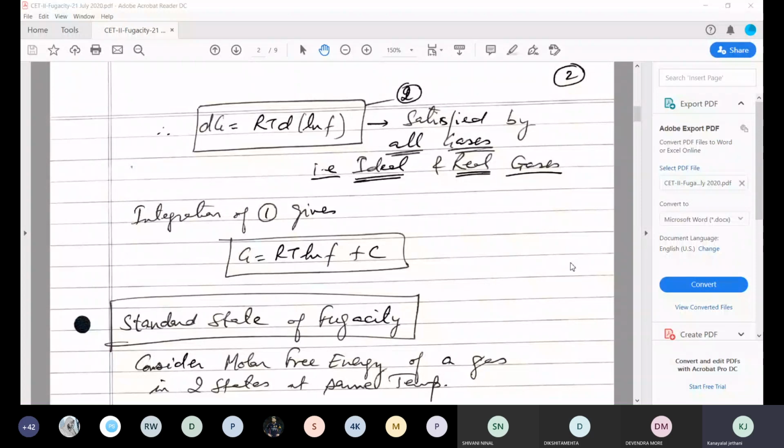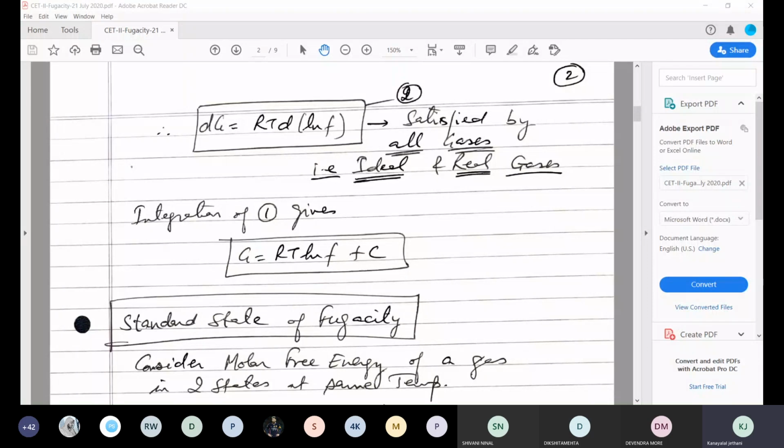So just like we define temperature as a driving force for heat transfer and pressure as a driving force for fluid flow, similarly we have defined a driving force for mass transfer and chemical reaction, and that driving force is chemical potential. But because it is not measurable, we have to define it in terms of something else. So we start with ideal gas, which is easy to use. You know everything about ideal gases.